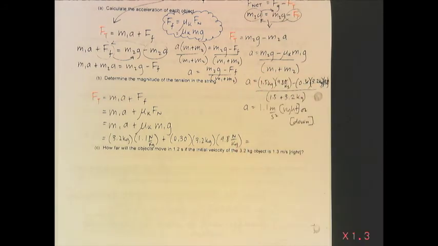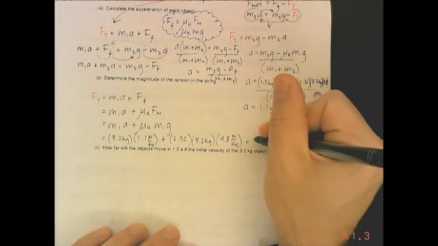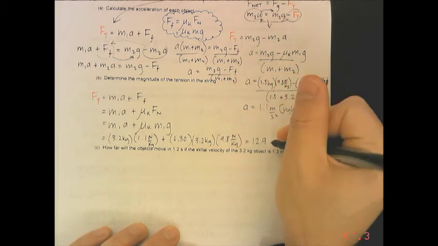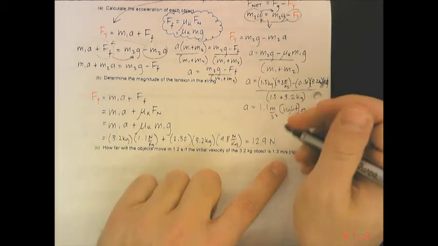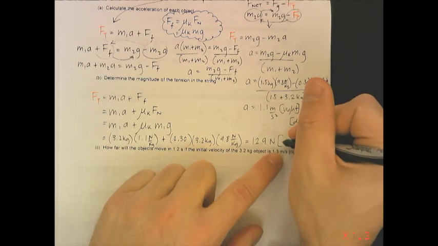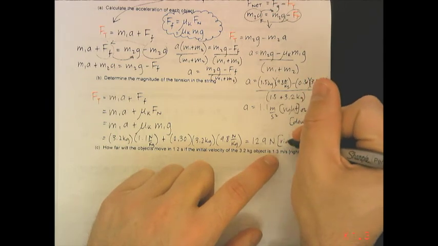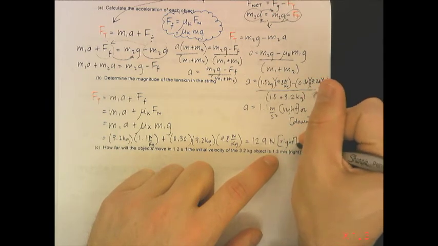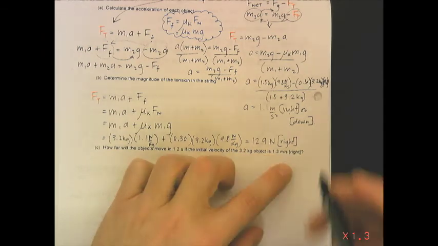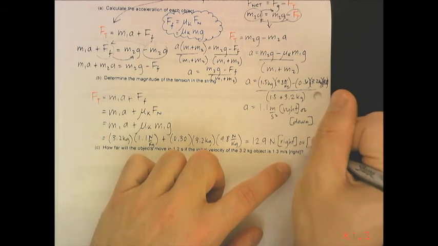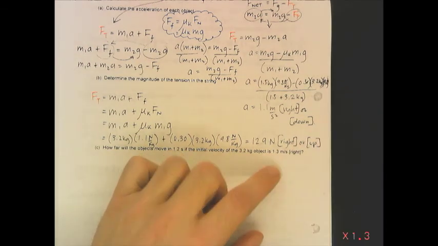Punch this in and tell me what you get for the tension. So again, this tension is pulling to the right if it is referring to the block, or it's pulling up if referring to the hanging mass.